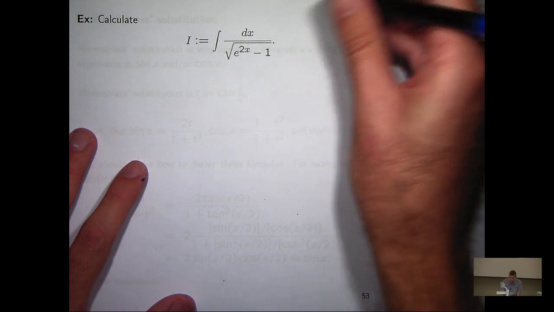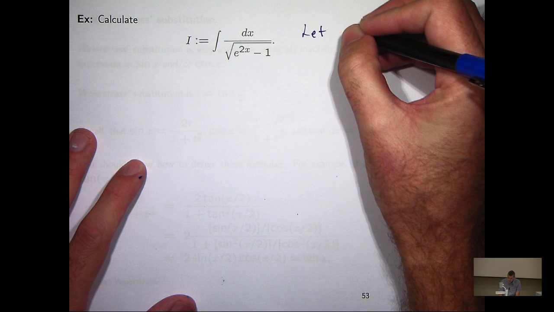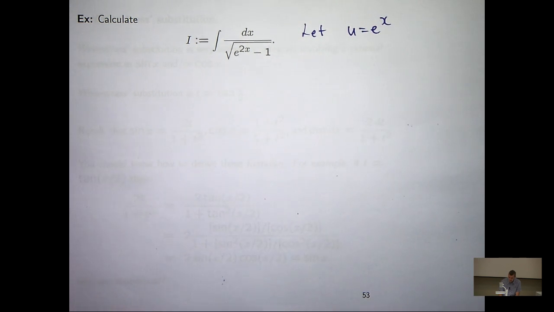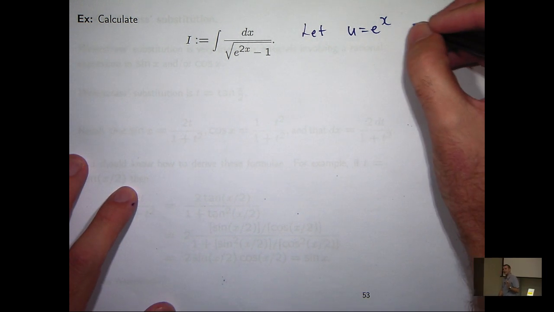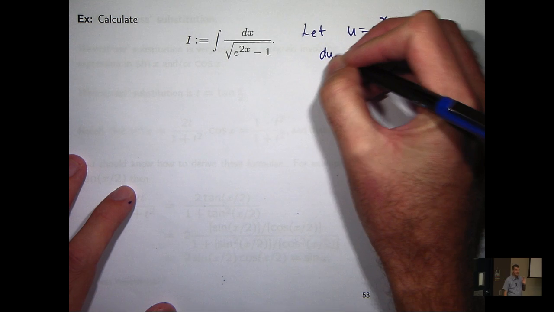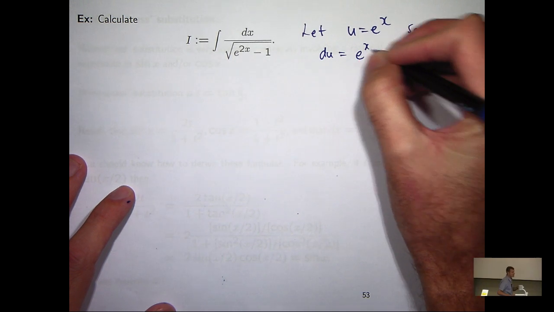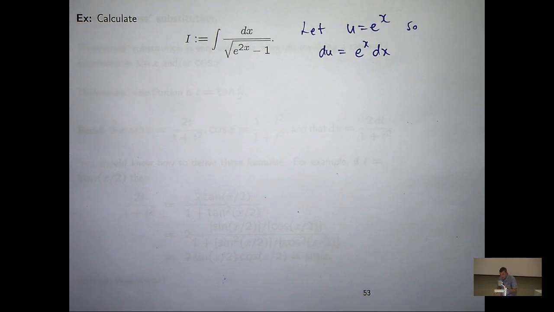All right, so let u equal e to the x. So let's calculate the differentials. What we would like to do is get that differential du in terms of u, right?